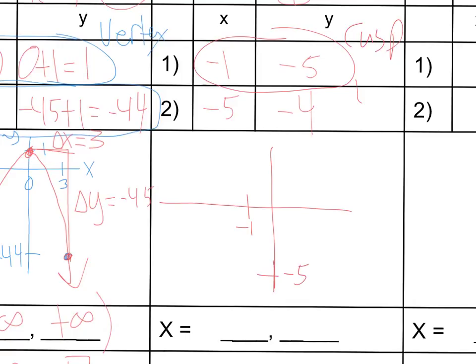That's our first ordered pair, and that's going to be the cusp. Then the other ordered pair is (-5, -4). It's going to be right here. So my graph looks like that sideways check mark, if you will. And if you notice, it's opening to the left.